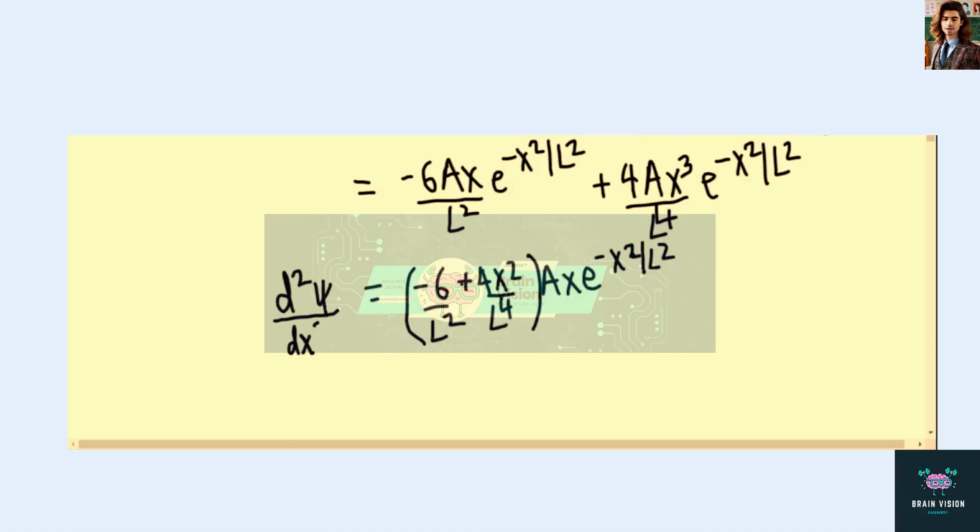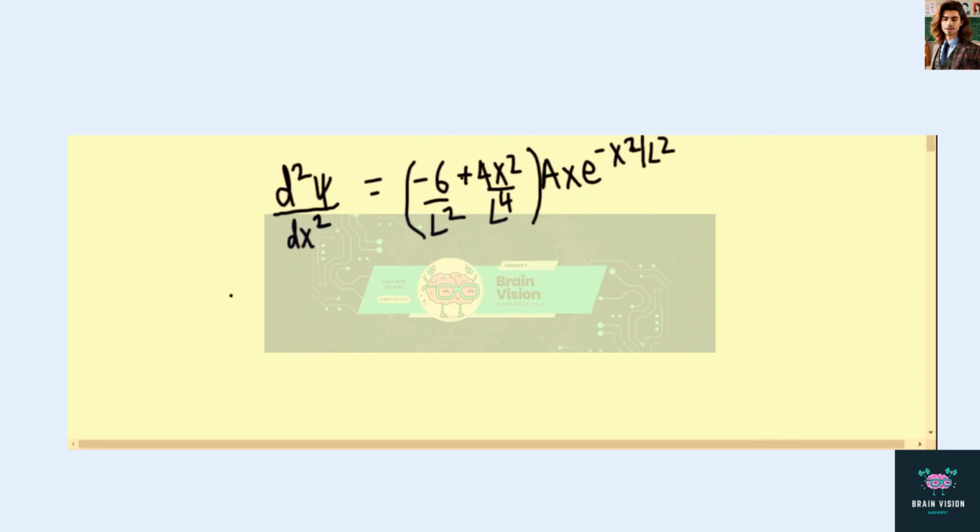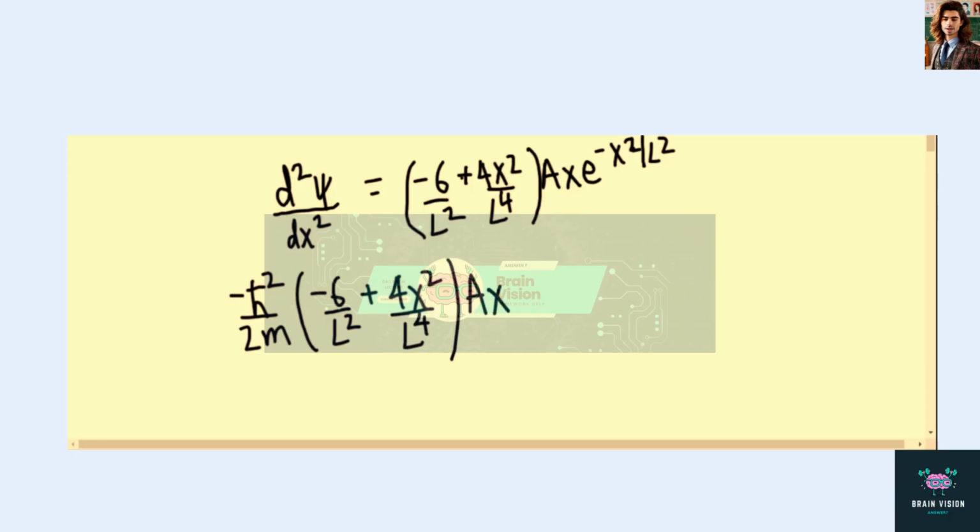So now we can substitute this into the Schrodinger equation, and we have negative h bar squared over 2m, and I'm just going to directly substitute, negative 6 over L squared plus 4x squared over L to the fourth times ax e to the minus x squared over L squared, plus u of x times ax e to the minus x squared over L squared.